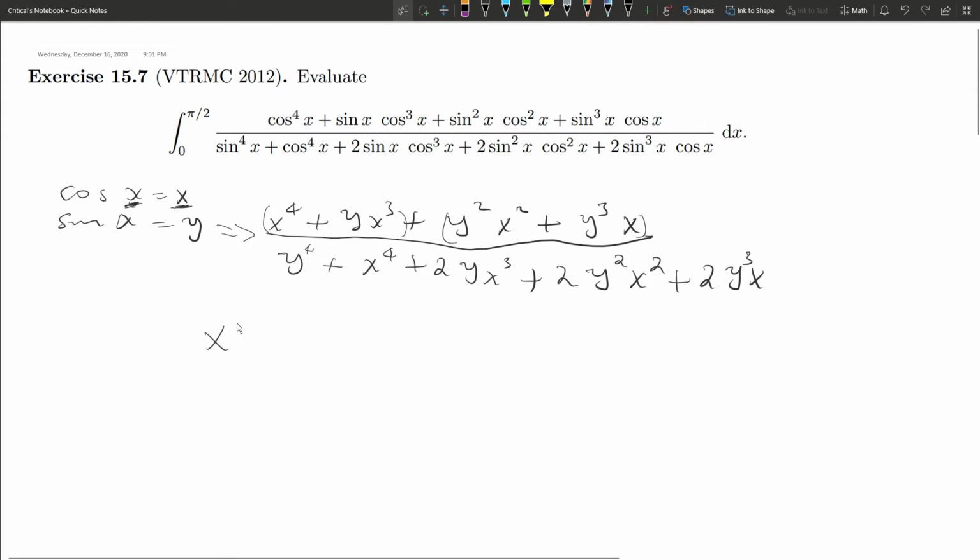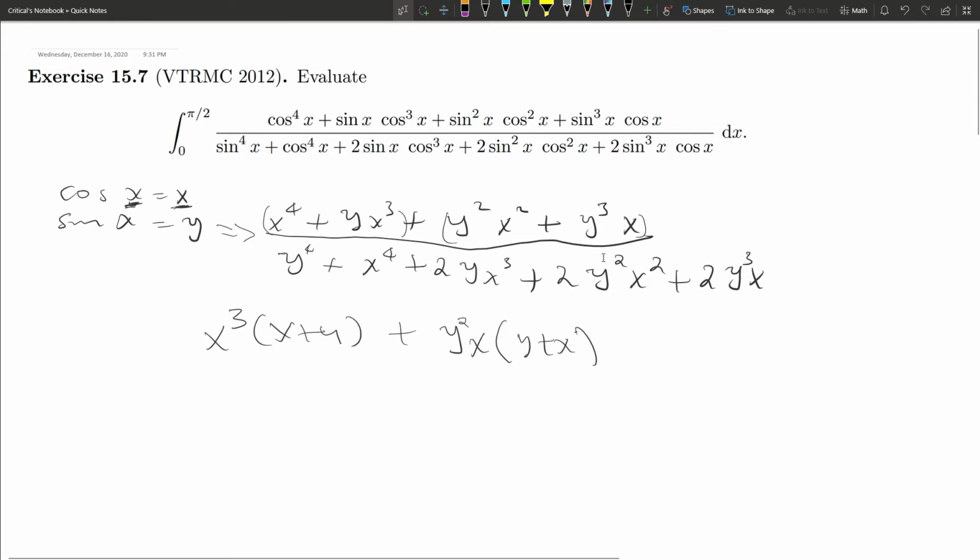So we have x cubed times x plus y, plus y squared x times y plus x, sorry, x plus y, that's okay.